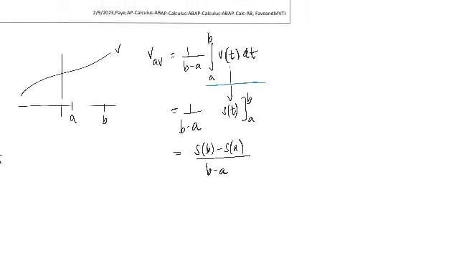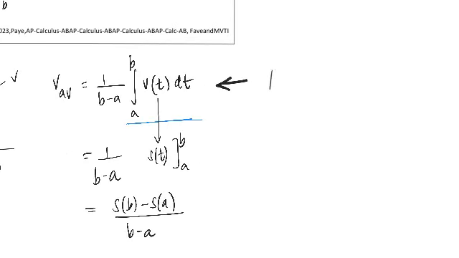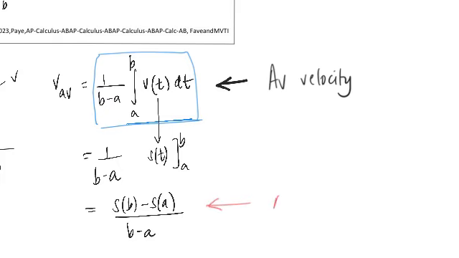So we're seeing here that average velocity, that new integral equation, the f average equation, is going to be related to average rate of change, not of velocity, but average rate of change of position. So average velocity is equal to average rate of change of position.